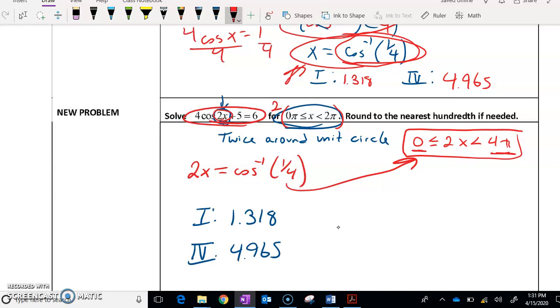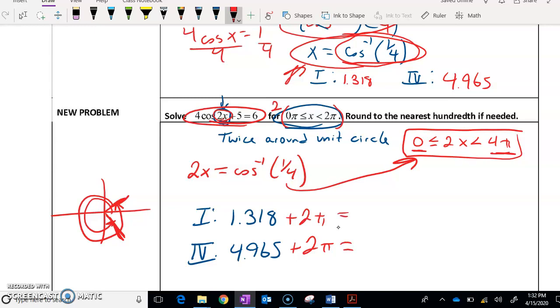The only thing I'm going to do is think about those coterminal angles. So it's still going to be in quadrant 1, but it's going to rotate around again in quadrant 1. So I'm going to add 2 pi to that. Same thing down here. It's still going to be in quadrant 4, but I'm going to go around again, so I'll add 2 pi to that as well.